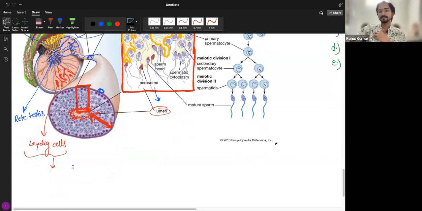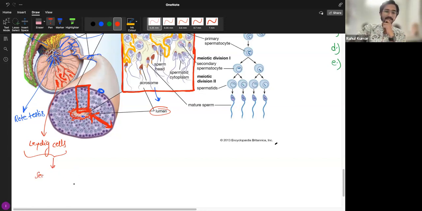For example, I as a postman or messenger came to your house, knocked on the door and told someone in the house that there's a message that something needs to be done, but someone has to do it in the house, right? So that someone is Leydig cells. Leydig cells secrete testosterone.